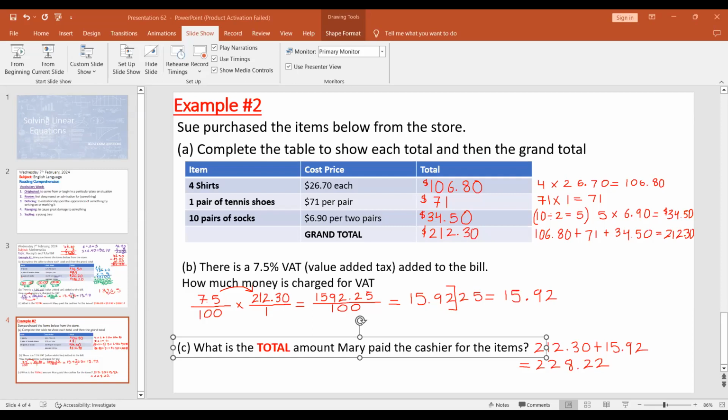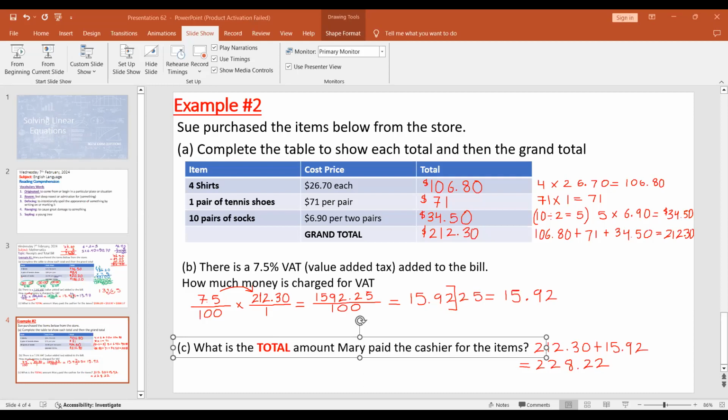All we did was put 7.5 over 100 times 212.30 over 1, which is the grand total. 7.5 times 212.30 is 1,592.25 over 100, and we divided and got 15.9225.